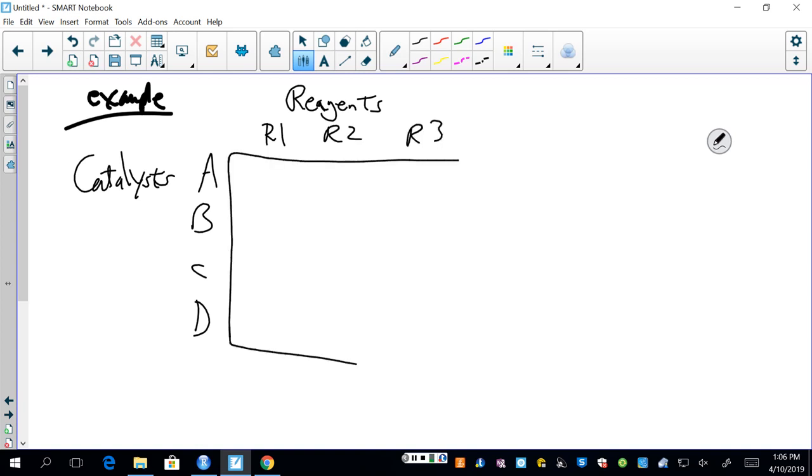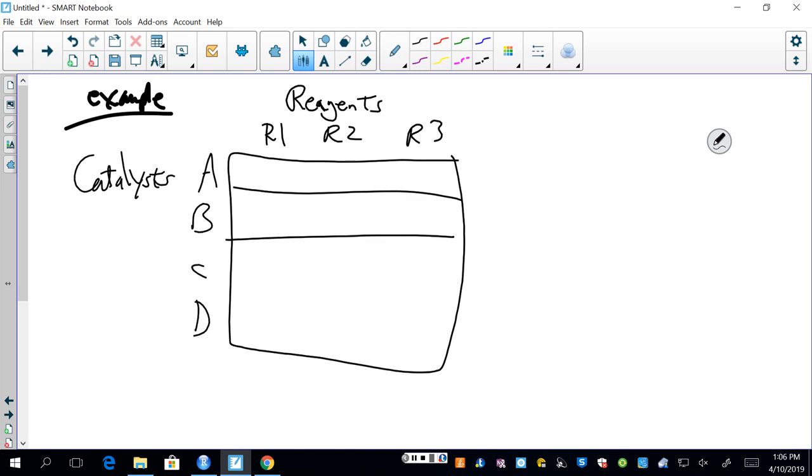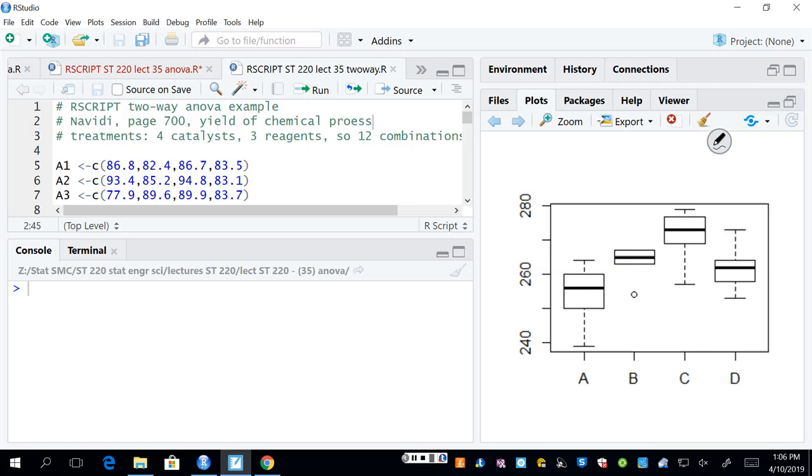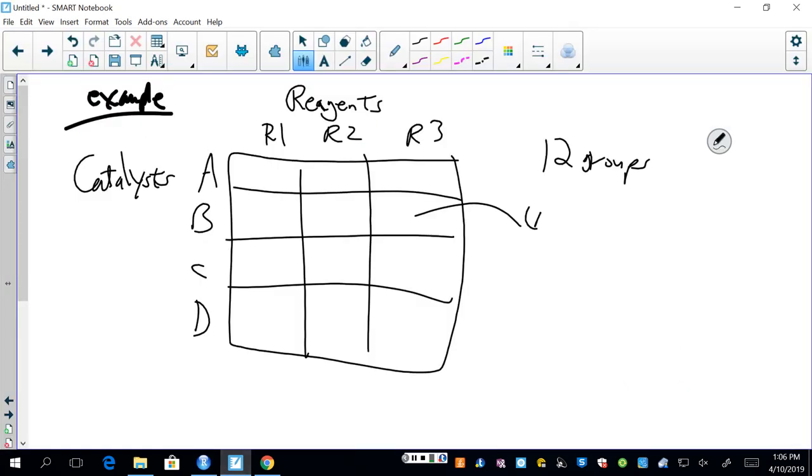And so there are 12 groups in all, where each group is defined that you put one of the catalysts into the reaction and you put one of the reagents into the reaction, and you see what comes out of it. And within each of these things, there are 4 measurements. Right, so there's 48 measurements total.